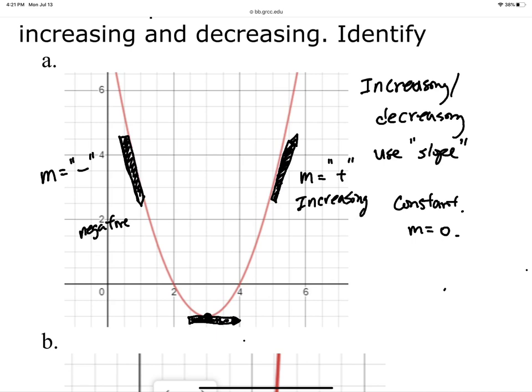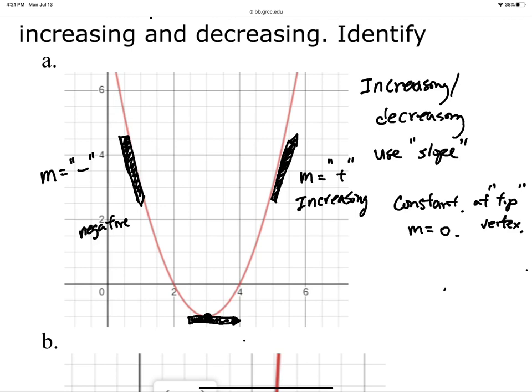Right at that instant, the function is constant. It is neither increasing nor decreasing. Constant happens at the tip or the vertex. So we just have to figure out what the vertex is.